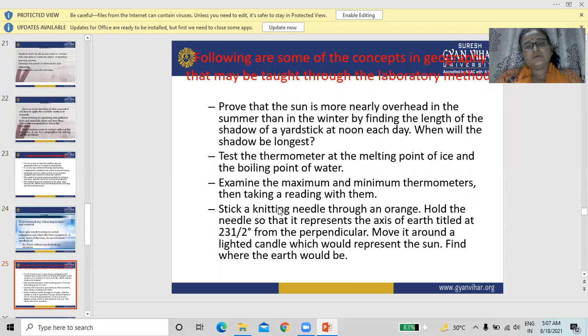Test the thermometer at the melting point of ice and the boiling point of water.